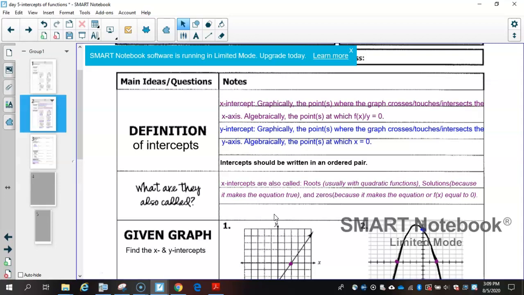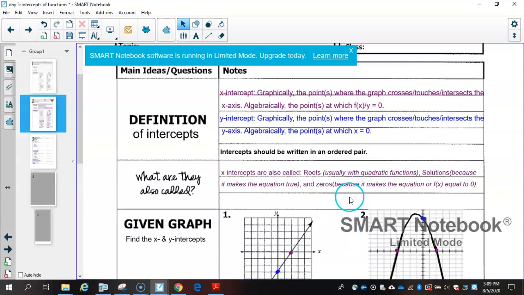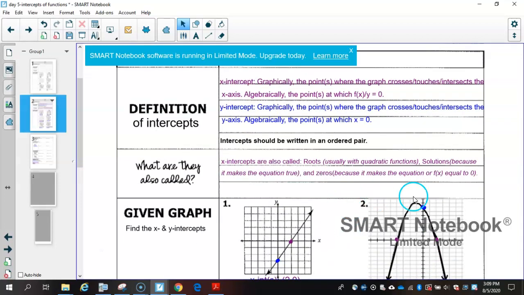And then they're also called zeros because if you put that in to the function, the y value is 0. So you may see it say find the zeros, or find the solutions, or find the x-intercepts. Moving right along.